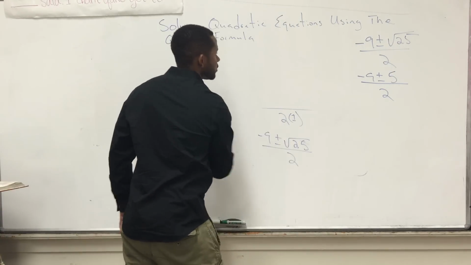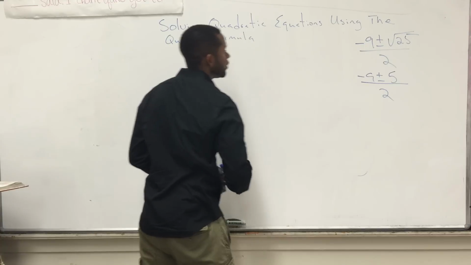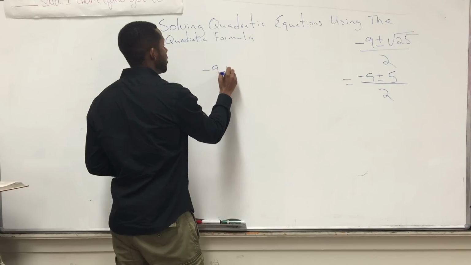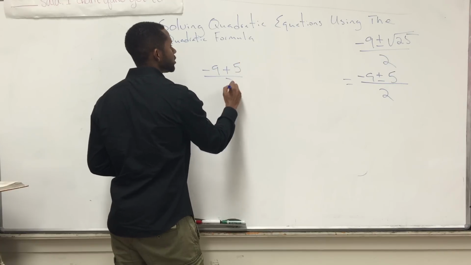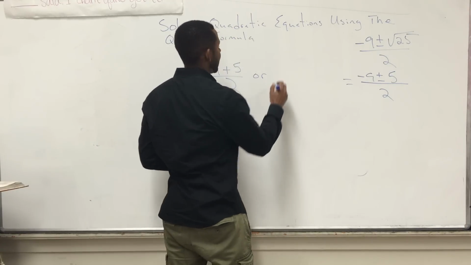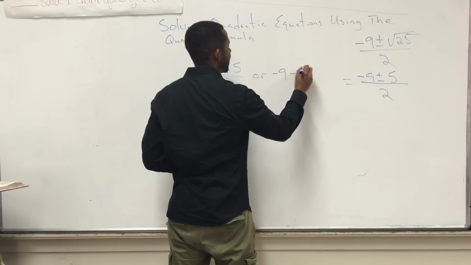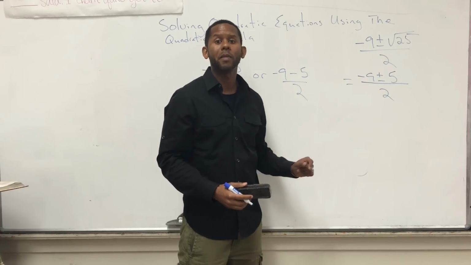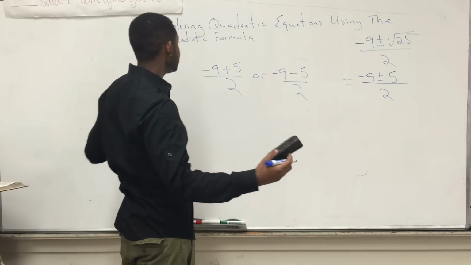Now I'm in good shape. This means I have two things. I have negative 9 plus 5 over 2, or, what's the other thing I'm going to have? Negative 9 minus 5 over 2, right? That's what the plus or minus means.